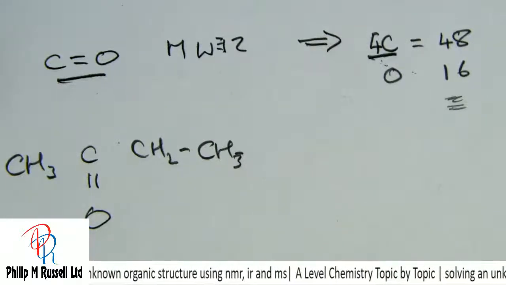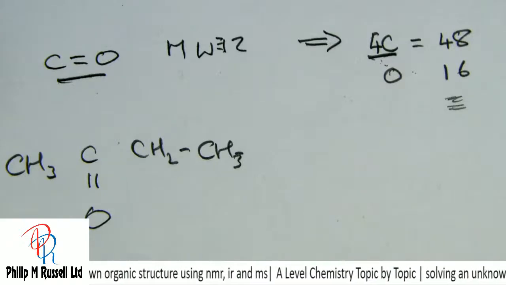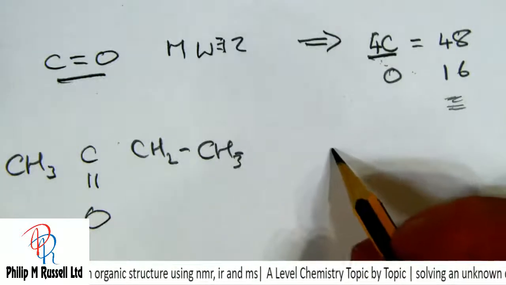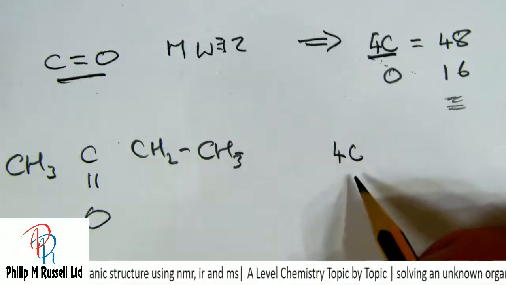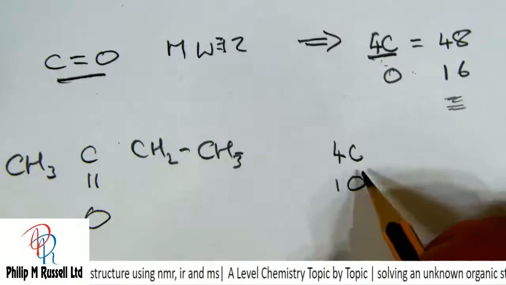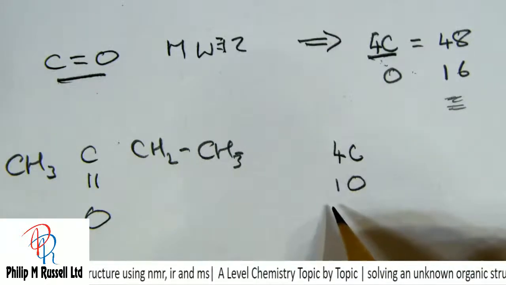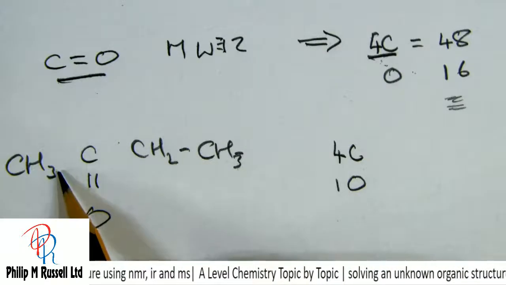So my initial guess could be that. That's going to give me 4 carbons, 1 oxygen, and then 3, 4, 5, 6, 7, 8 hydrogens.